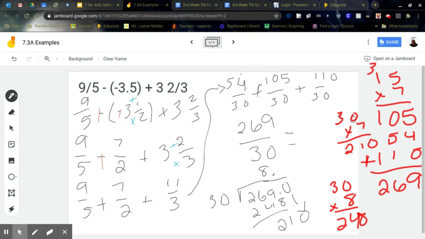And it ends up being 7. So our answer is 8.7 or 8 and 7 tenths. Anytime it's just a single number behind a decimal like that, that's 7 tenths. So it's going to be 7 over 10. Let me erase that and make it look a little better. 8 and 7 tenths. And that is our answer.